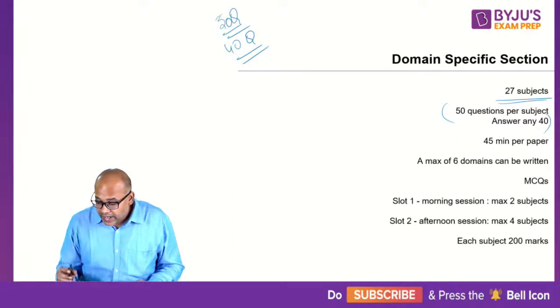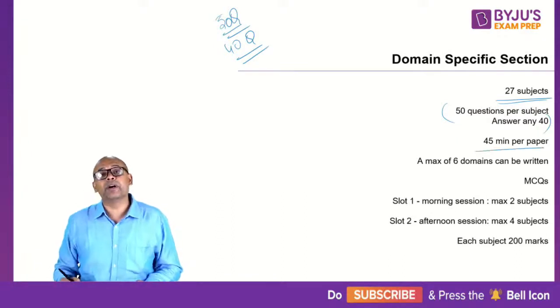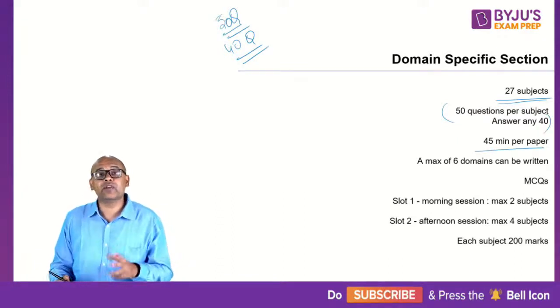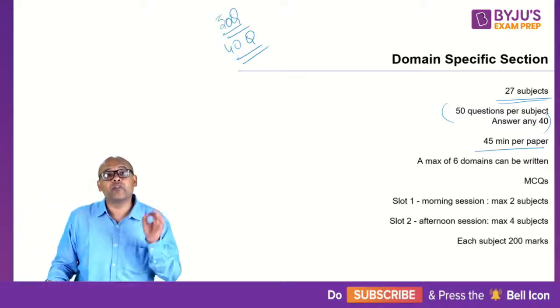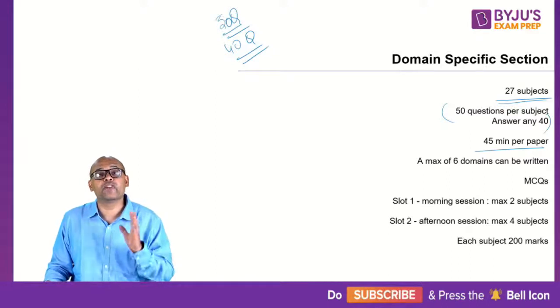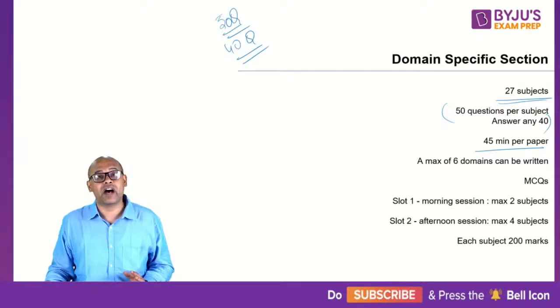And each paper is for 45 minutes. So let's say you're writing 2 domain specific subjects, then you will be spending 45 plus 45, a total of 90 minutes, that is 1.5 hours.